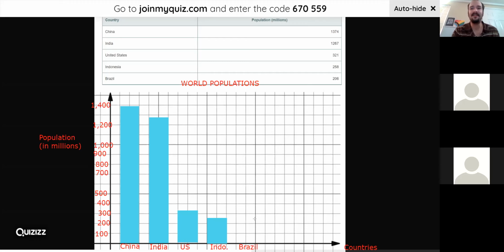Brazil is 206, so it is just like right at that 200. It might even be like noticeably a little bit higher, but not a whole lot. It's just right there. And these are the 5 most populous countries that they said?